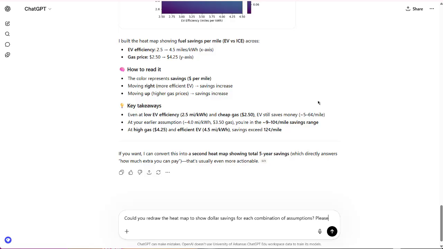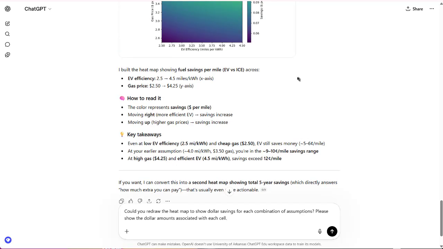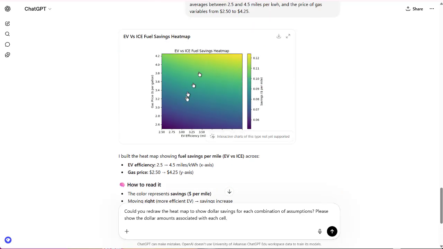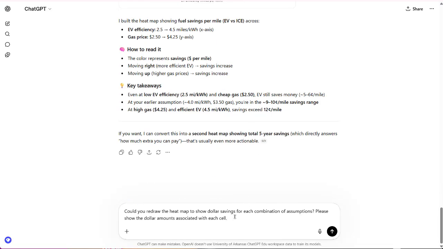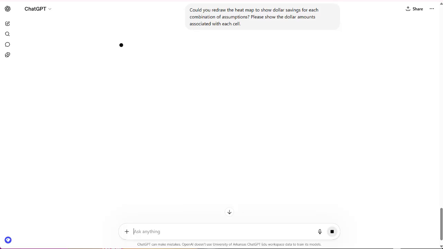And then I'm going to ask it, please show the dollar amounts associated with each cell. I don't like this one quite as much because it's all over the place, and I like seeing the numbers, so let's see if we can encourage ChatGPT to give us those numbers.